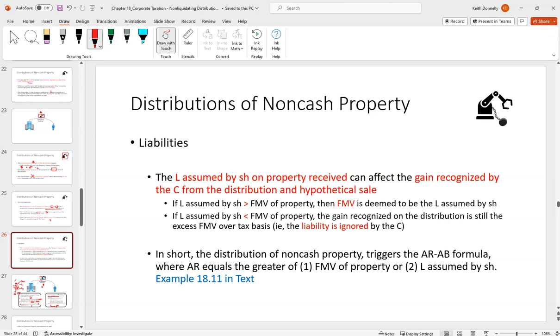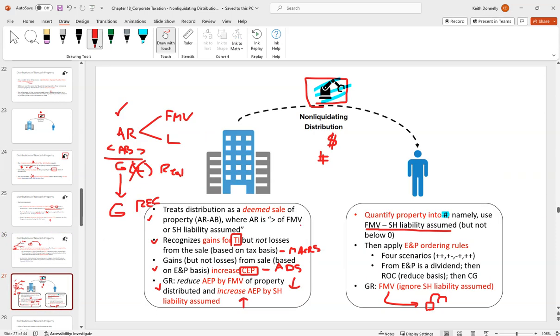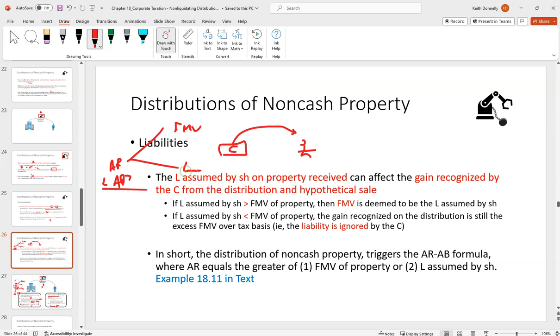Then we said, okay, when they push it out, the corporation, we know that it is a deemed sale, amount realized minus adjusted basis. But we said the amount realized is going to be the greater of the fair market value, or in this case, if we go back over here, the liability the shareholder assumed.